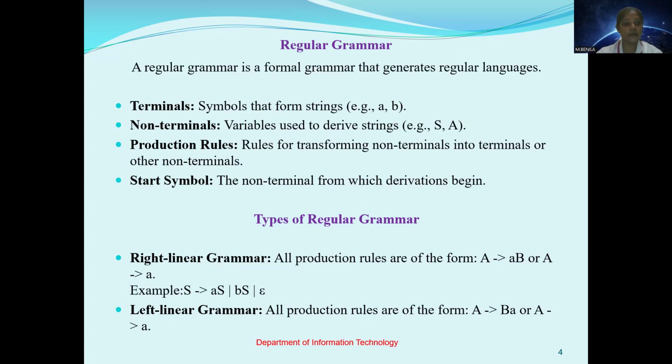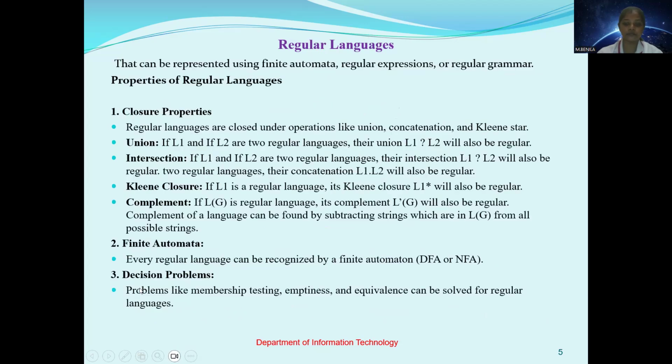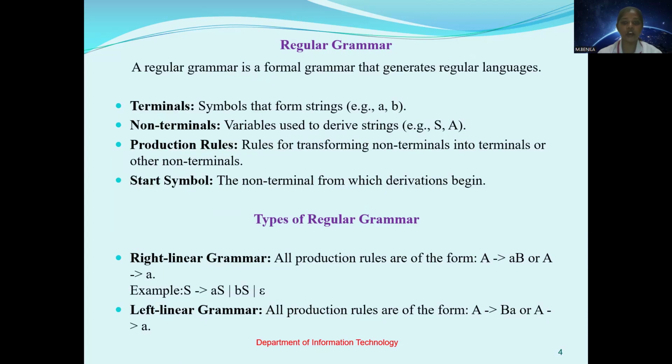Types of regular grammar. There are two types of regular grammar. One is right linear grammar, another one is left linear grammar. First is the right linear grammar. All production rules are of the form A goes to small a capital B, or A goes to a.